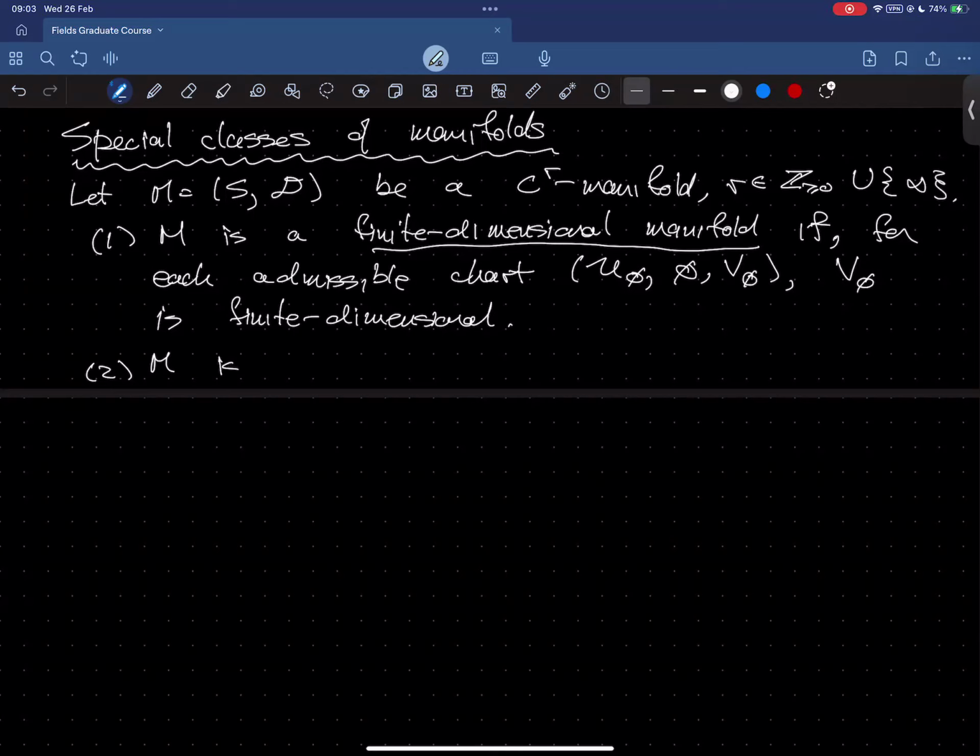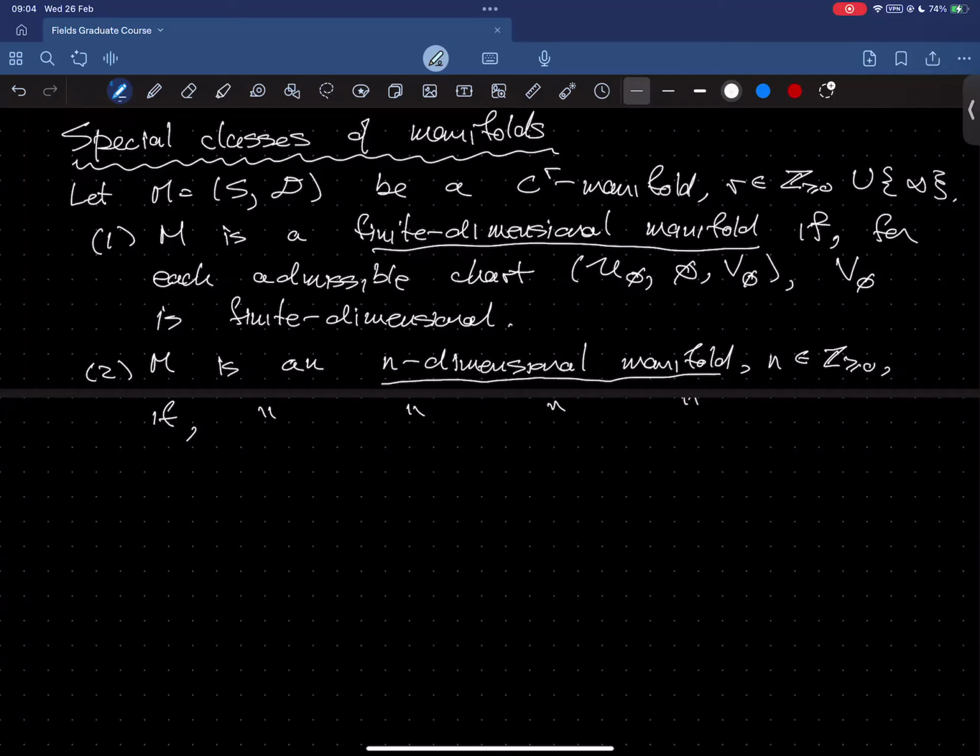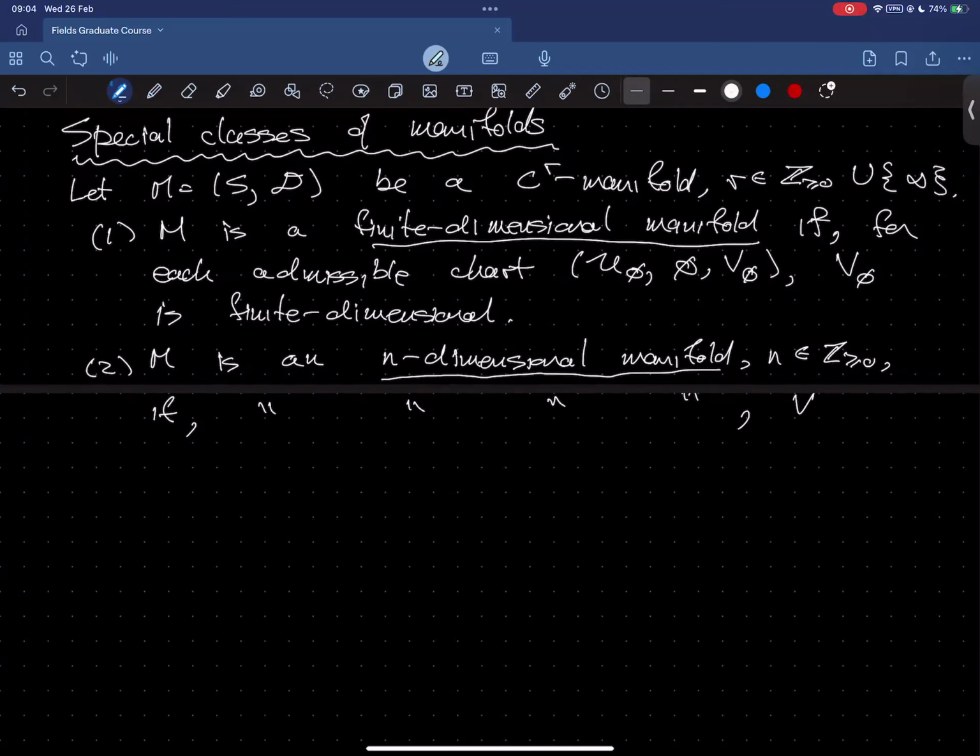So M is an n dimensional manifold, and n here is going to be a non-negative integer, if for each admissible chart (U_phi, phi, V_phi), V_phi is n dimensional.